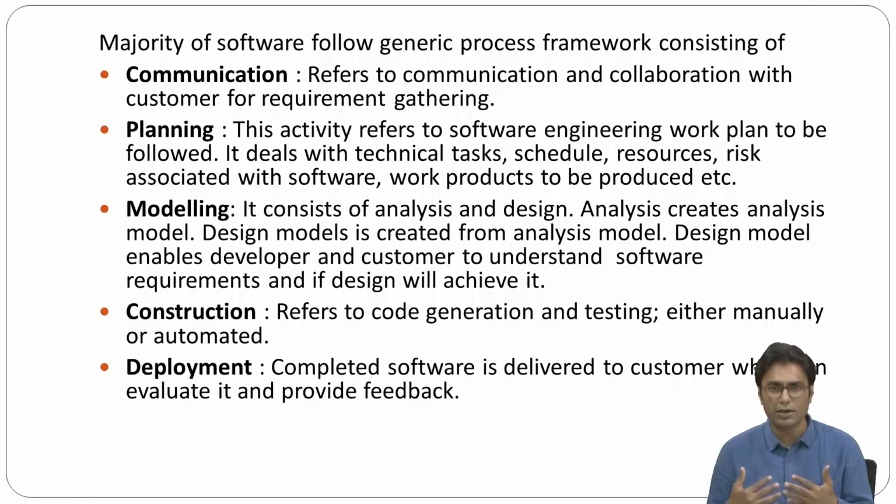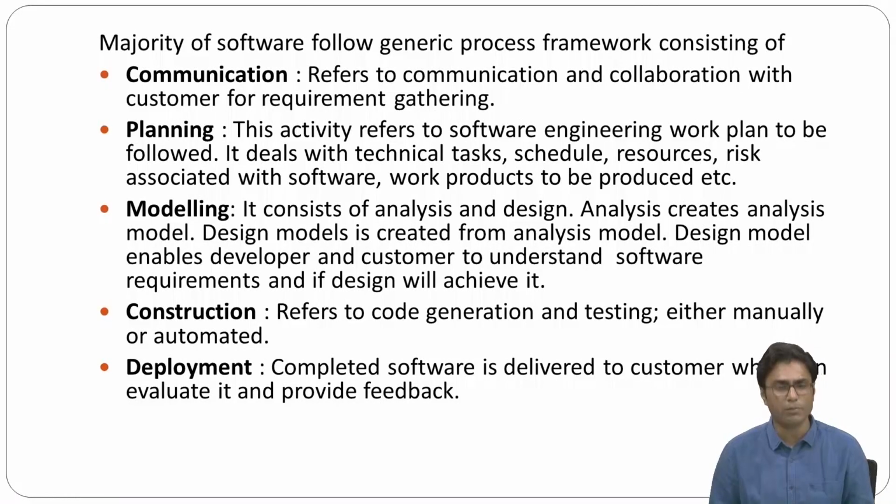In modeling, it consists of analysis and design. Analysis creates the analysis model. Then the design model is created from the analysis model. The design model enables the developer and customer to understand software requirements and whether the design will achieve them. Then construction refers to code generation and testing, either manually or automated.